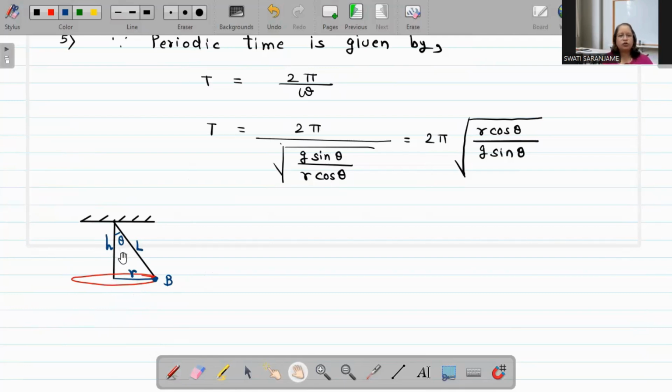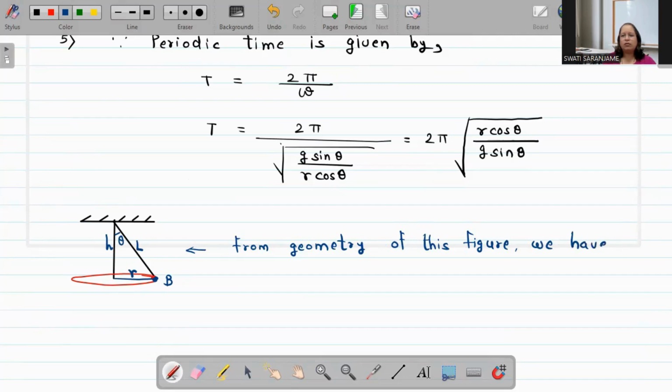The trigonometric ratio related to the opposite side is sine, and l is the hypotenuse, since this is a right angle triangle. So from the geometry of this figure, sine theta is equal to opposite side upon hypotenuse, which is l.